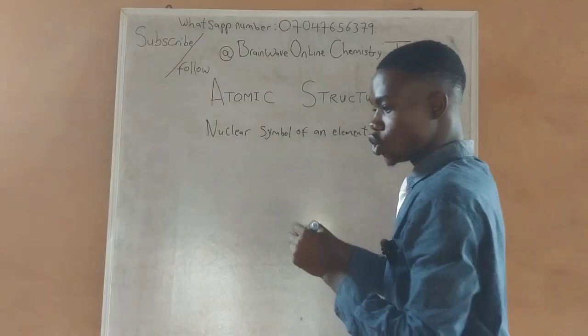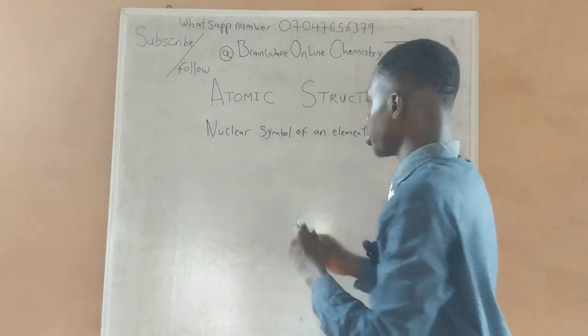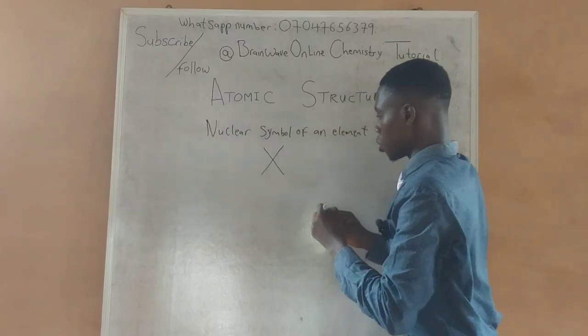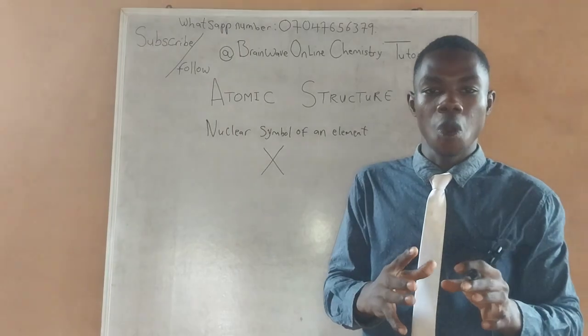This is what we refer to as the nucleus symbol of an element. Now, the nucleus symbol of an element is this symbol. Please take note of this symbol. This symbol is referred to as the nucleus symbol of an element.